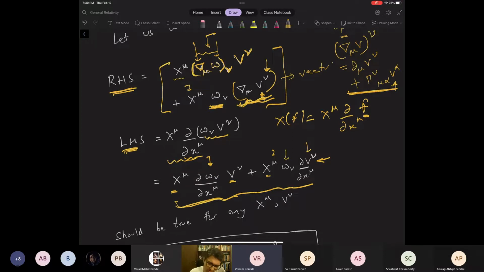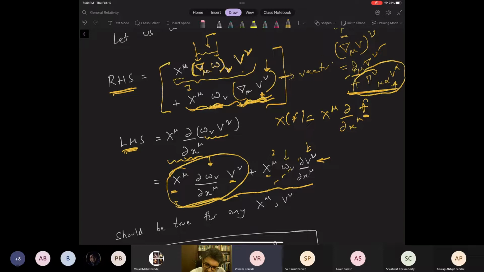Okay, so the first term here, which is this derivative ∂_μ v^ν times x^μ ω_ν, will cancel precisely with this term. So these two terms cancel against each other. And now I'm left with trying to find this quantity. This quantity will be equal to this term minus, where I take this to the right hand side and only keep the term with the connection.